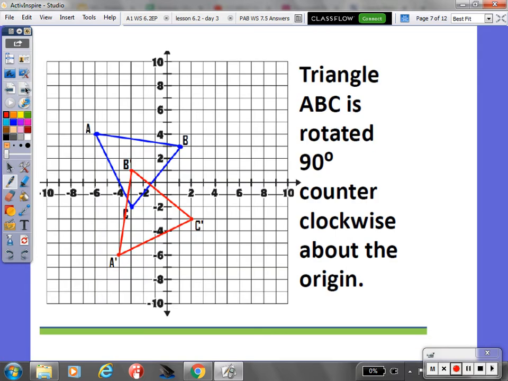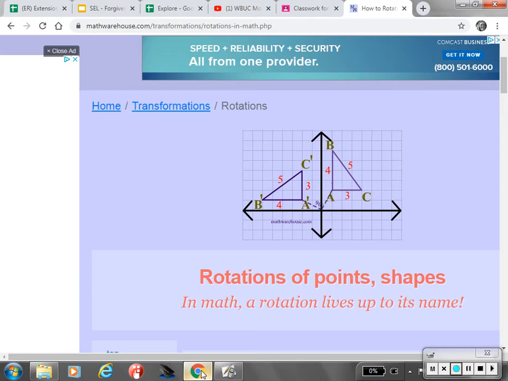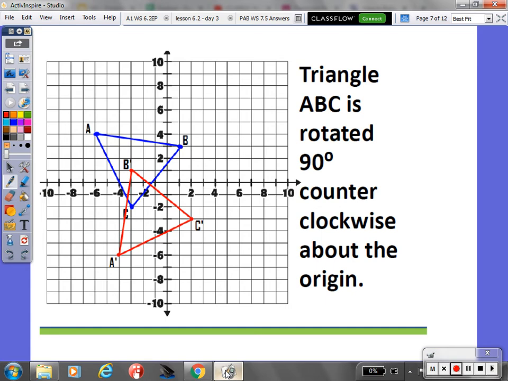Our last one then is that 90 degree counterclockwise rotation. So here, if we go back to that nice little visual, notice A is starting at 1, 2. Well, now it's at -2, 1. So yet again, just with the other 90 degree rotation, X and Y flip-flop places. However, this time you take the opposite of the other variable.